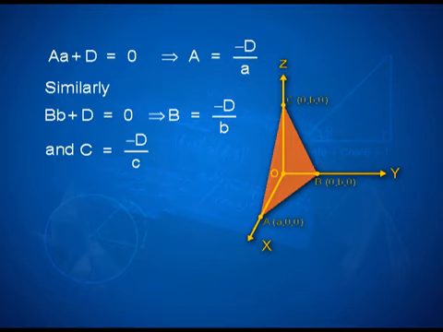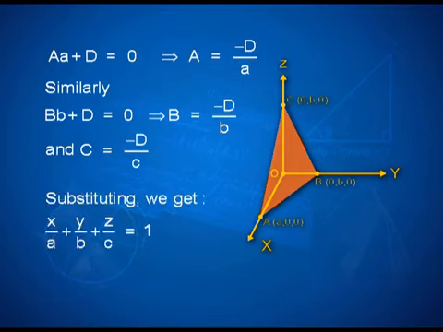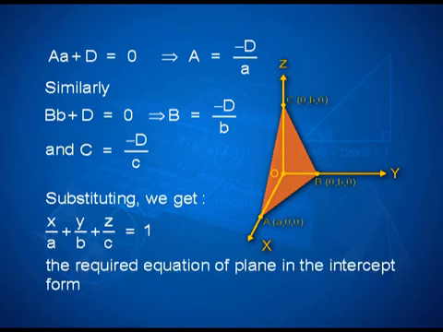Similarly, you get capital B as negative d upon small b and capital C as negative d upon small c. If I use these values of A, B and C in the assumption of the equation of plane as Ax plus By plus Cz plus D equal to 0, and I just rearrange the coefficients, I will get a special equation in the form x by a plus y by b plus z by c equal to 1, which is known as the equation of plane in the intercept form.